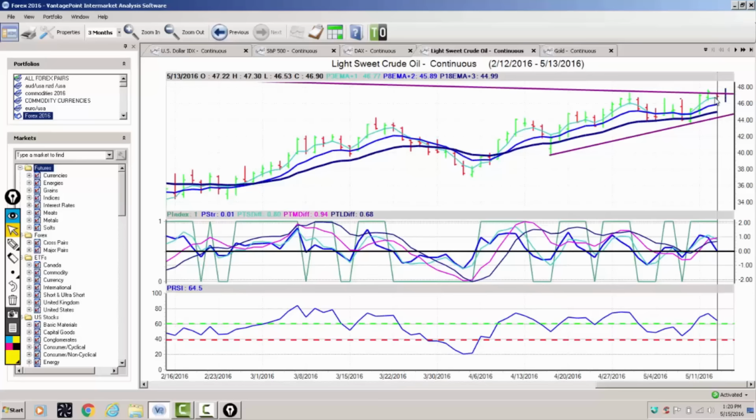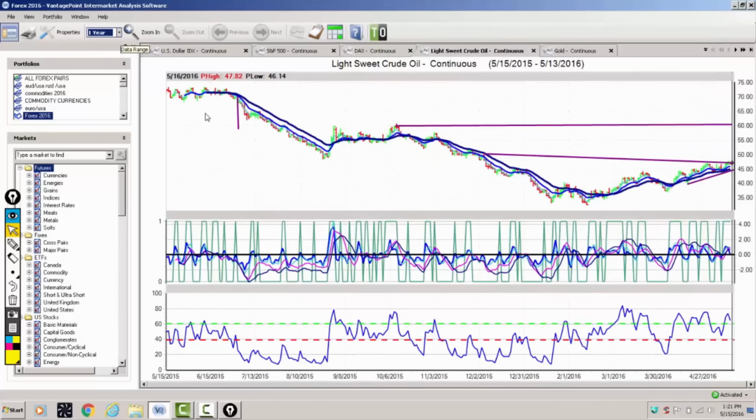So for now, the recovery in oil, I should say, not an uptrend. It's clearly in a strong downtrend, but it is trying to recover. And when we look at this, once again, from 1 year ago, we can see that basically oil remains stable up around $75, $80 a barrel, predominantly very strong right up until the end of June, beginning of July.